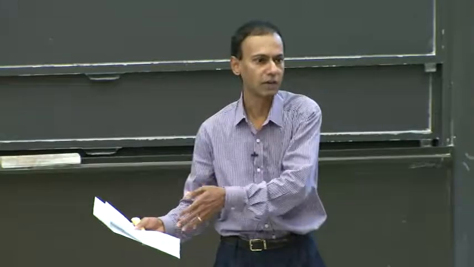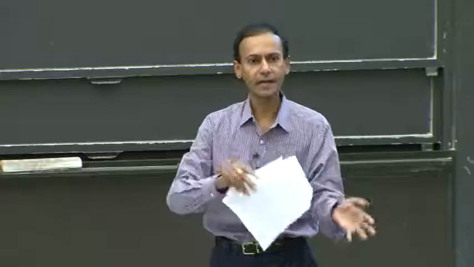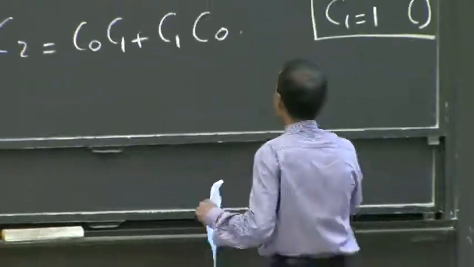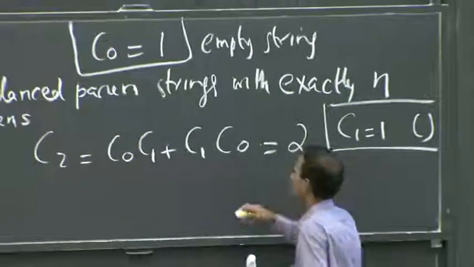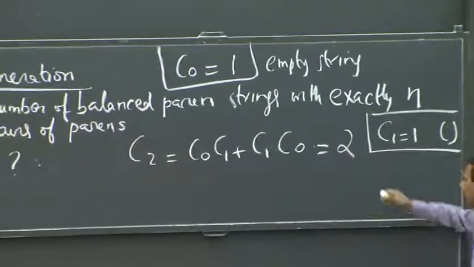You could make it an empty string, or you could make it the one string that you've generated so far, which is the standard simple string, the non-empty, non-trivial balanced string. You could do that a couple of different ways with the alpha, and that's why you have two terms over there.